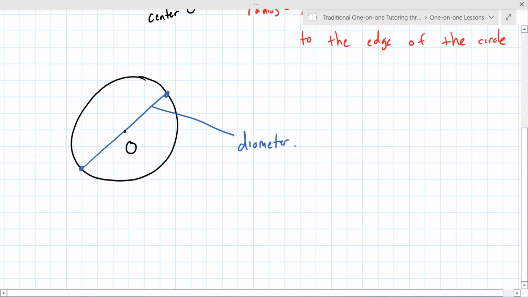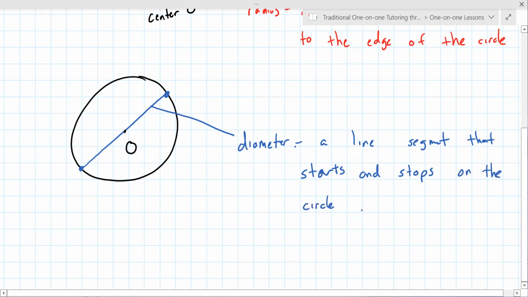Okay. So it is a line segment that starts and stops on the circle, and this is very important, passes through the center.